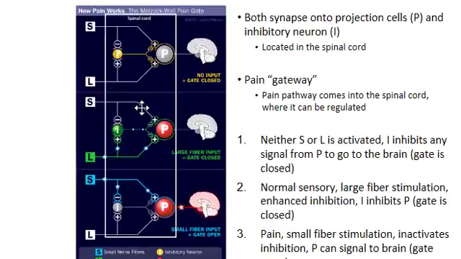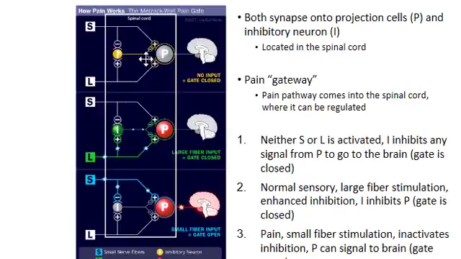L, capital L, refers to the large nerve fibers, and these fibers transmit sensation, touch, vibration, etc. And I, of course, is the GABA interneuron, basically present in the dorsal horn of the spinal cord. P is the projection neurons that can be activated to send the pain signal to the cortex for the perception of pain.